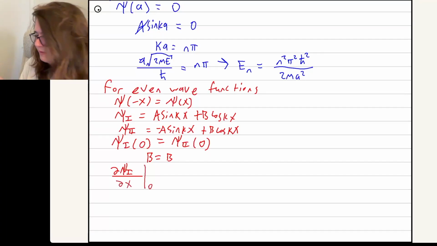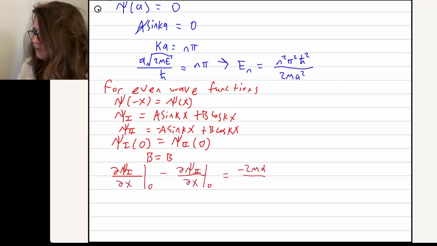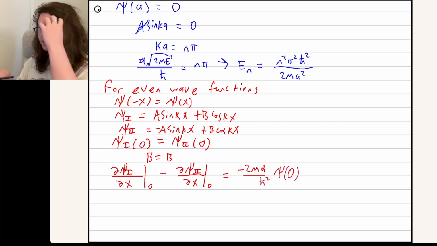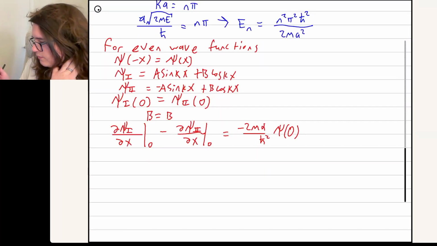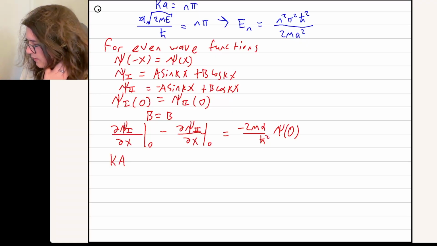that it has a weird sort of peak in the derivative. The jump in the derivative is equal to minus 2m alpha over h bar squared psi of 0. For that, we have ka cosine of 0, which is 1, plus kb sine of 0, which is 0, so never mind about that one.